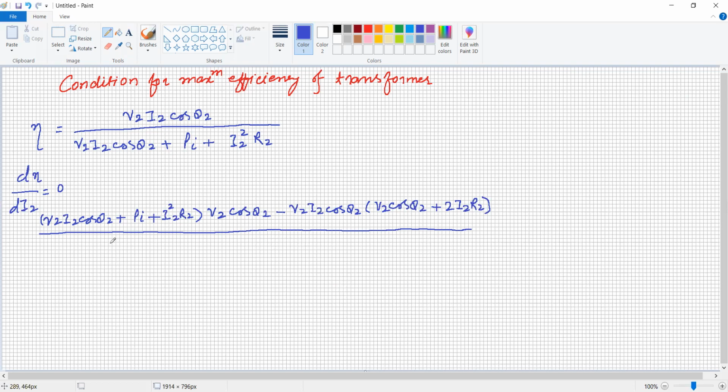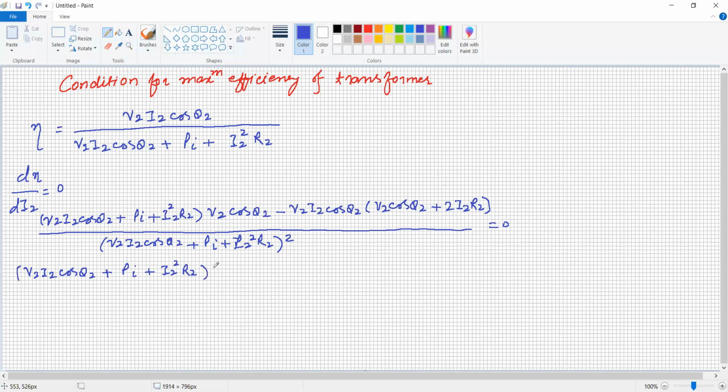The square of the denominator is V2 I2 cos theta 2 plus Pi plus I2 square R2, full bracket squared, and put it equal to 0.